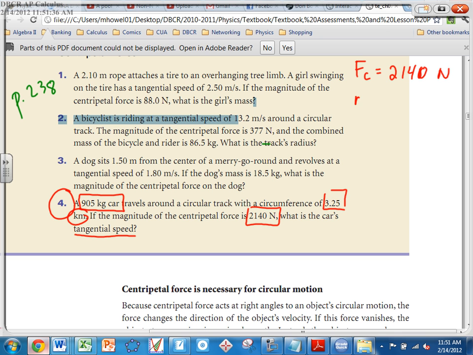Here's our mass, 905 kilograms. We have a circumference equal to 3.25 kilometers, 3250 meters. Again, guys, it's in kilometers. Please convert right away.